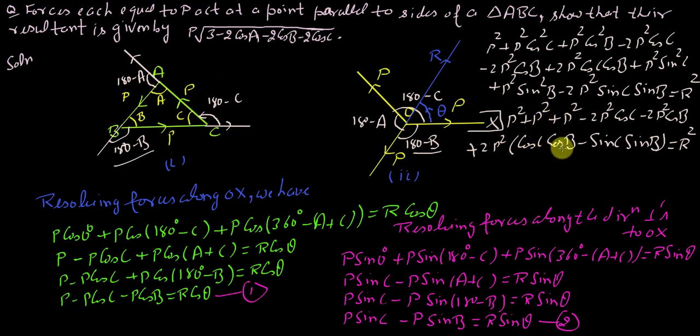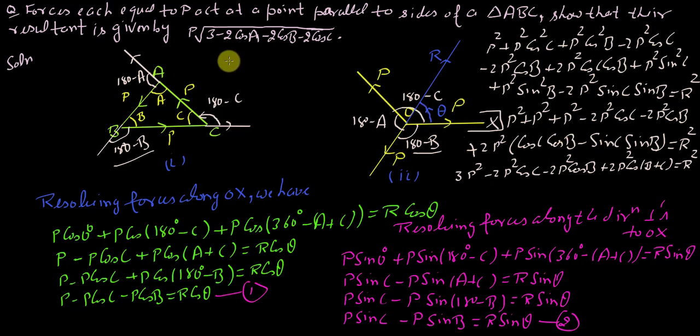So cos B cos C minus sin B sin C is cos B plus C. So this will be 3P square minus 2P square cos C minus 2P square cos B plus 2P square cos B plus C is equal to R square.